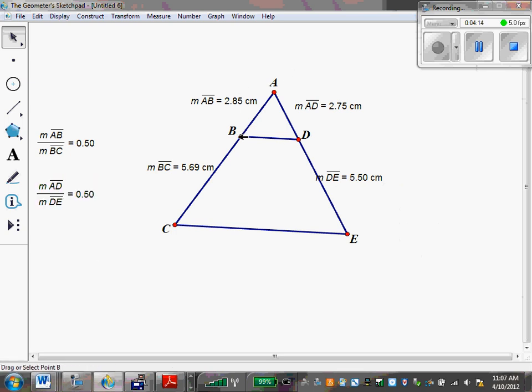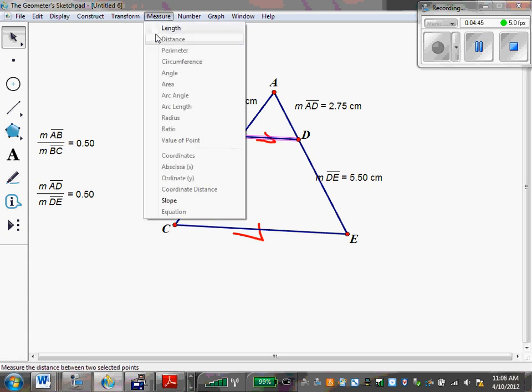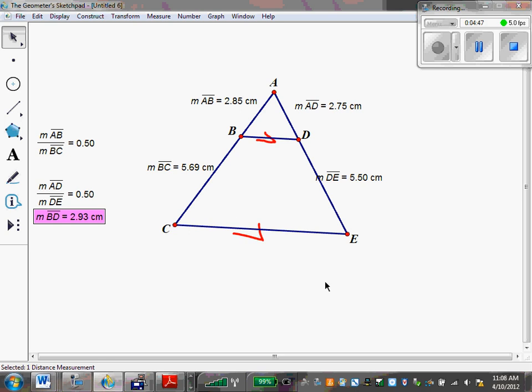So if line BD is parallel to segment CE, and we can make parallel marks there, so we know that those two segments are parallel, then you know that the little segments that they make on the sides will be in the ratio. Now let's just look at BD and segment CE.